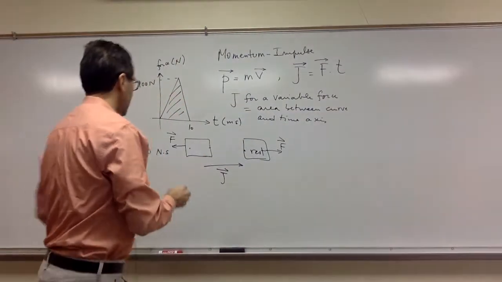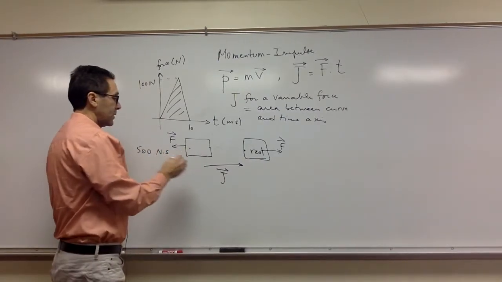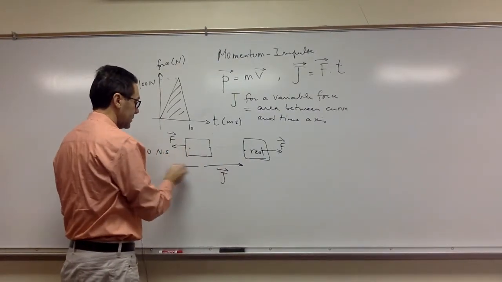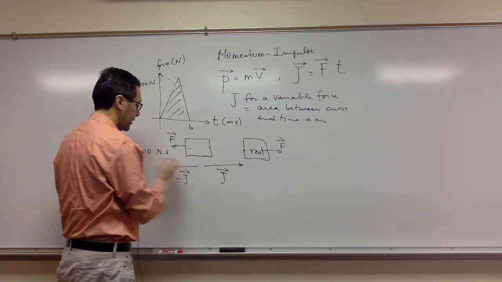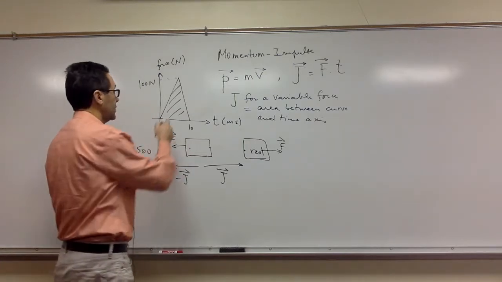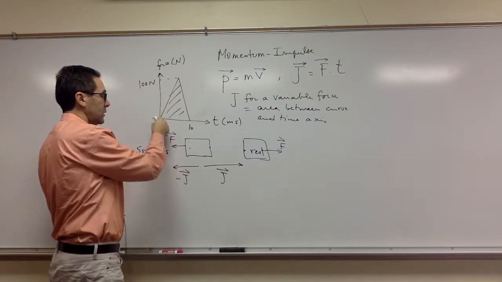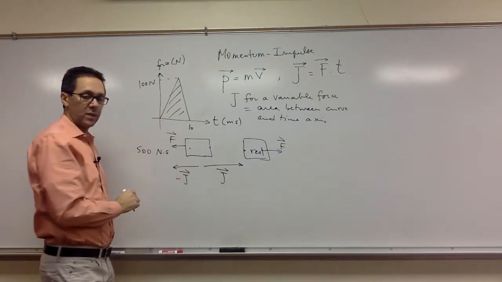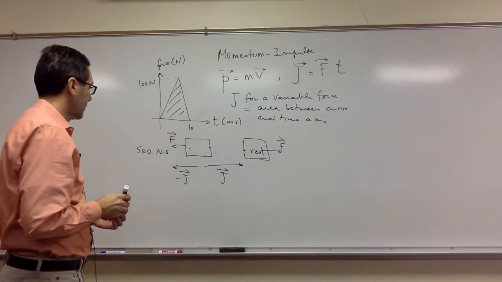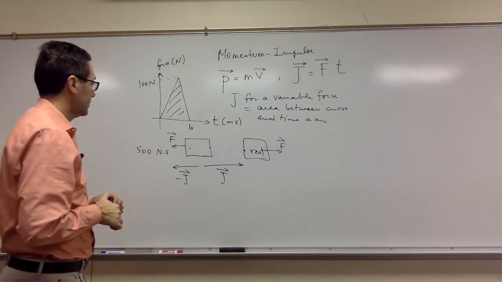So the impulse that this one feels is to the left, negative J, right? Which means that if you graph this, it will look down here. So just keep that in mind because we're going to need that for the future to do problems.